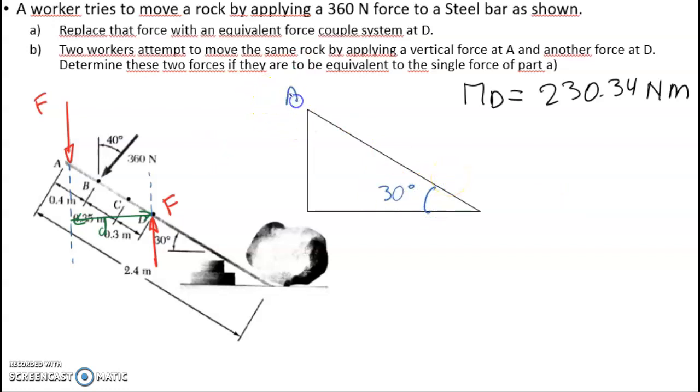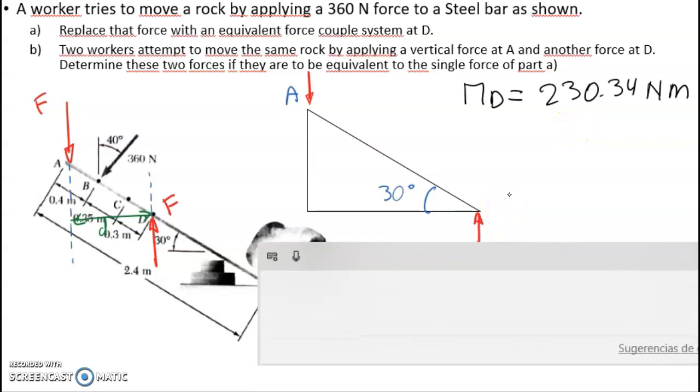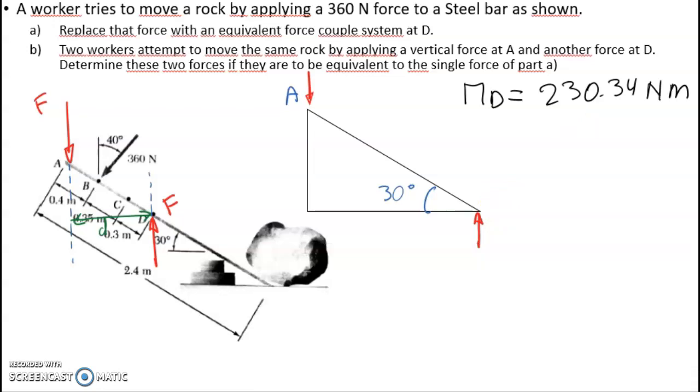Now we're going from A to D. We know there's going to be one force going down in here and another force going up in here. That will depend on the sign of the moment. However, we know we have two forces in here, so the perpendicular distance between these two forces is going to be dx.